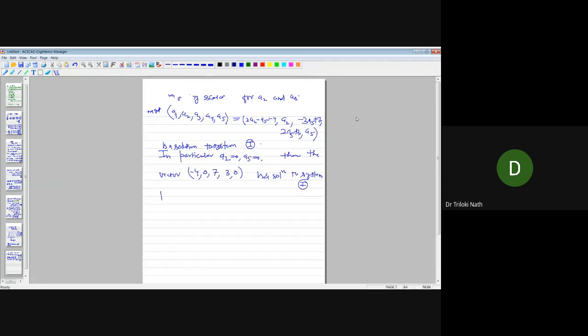And therefore the vector 2, 6, 8 can be written as minus 4 times u1 vector plus 0 times u2 vector plus 7 times u3 vector plus 3 times u4 vector plus 0 times u5 vector. So that this 2, 6, 8 is a linear combination of u1, u2, u3, u4 and u5.